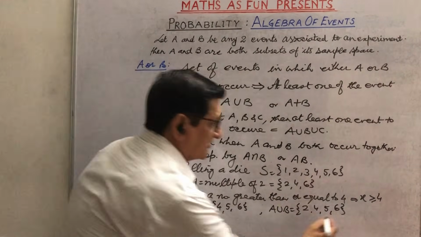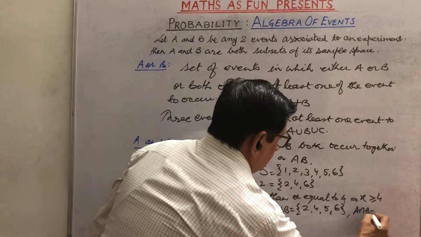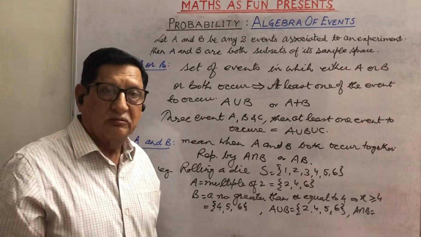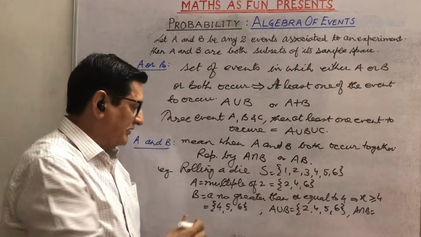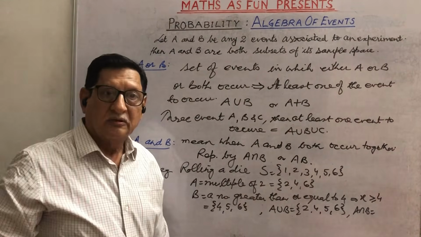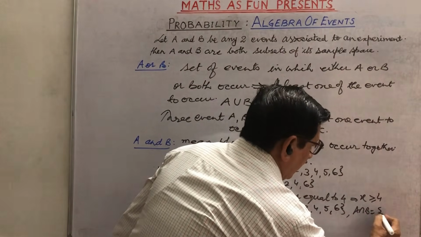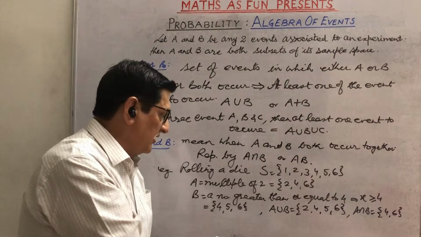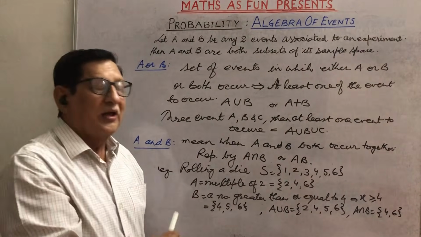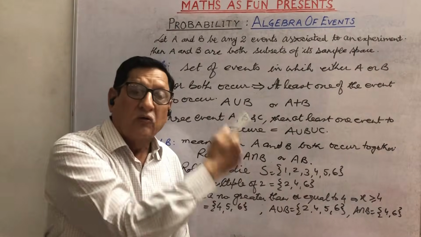When we go to A intersection B, A and B both means the common events only, and here they are 4 and 6. So A intersection B will be 4 and 6 when both happen. Both happen means it is a multiple of 2 as well as a number greater than or equal to 4.